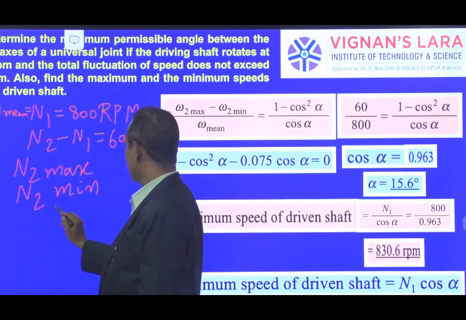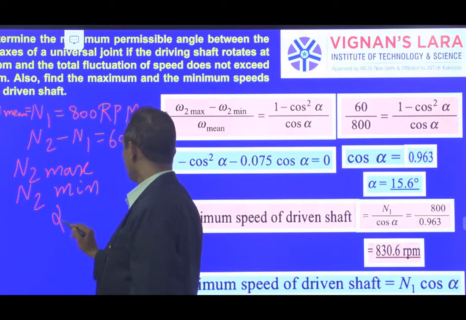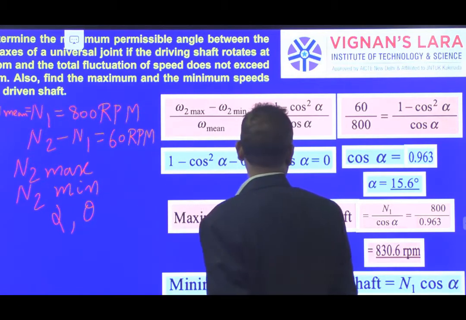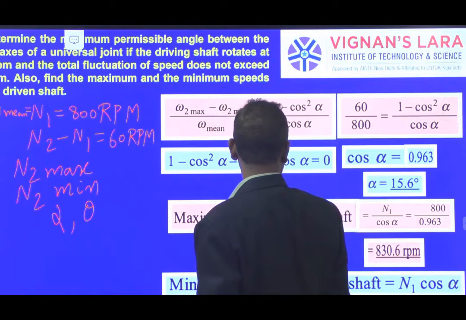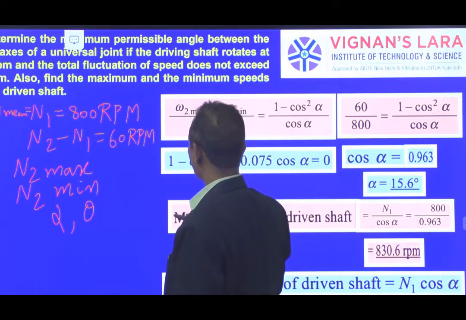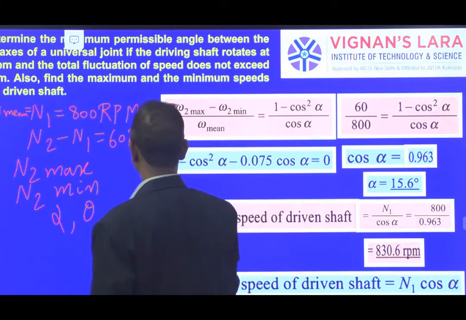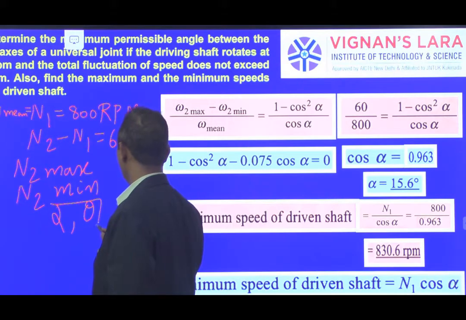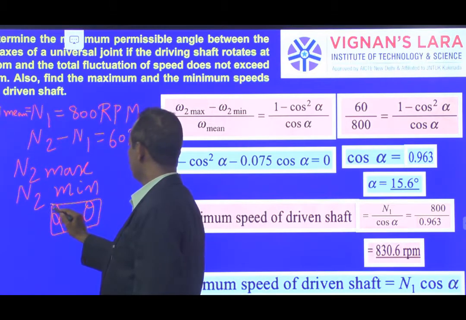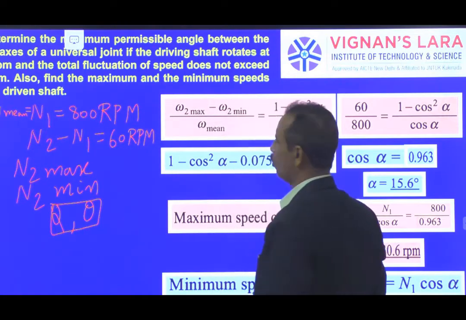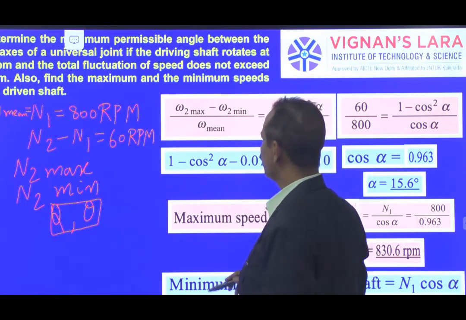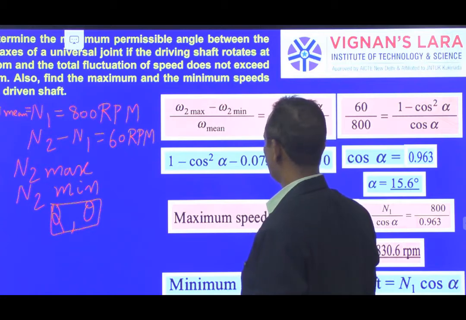We have the equation in terms of alpha and theta. Of course, here he has not asked where the maximum and minimum occur, so that is not required. What we require is only the values of maximum and minimum.